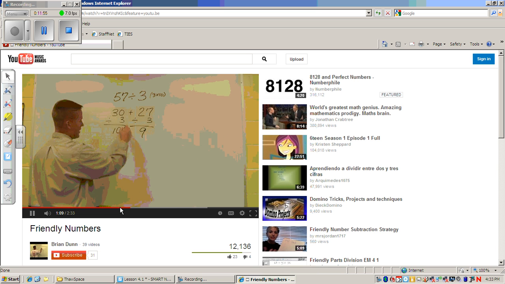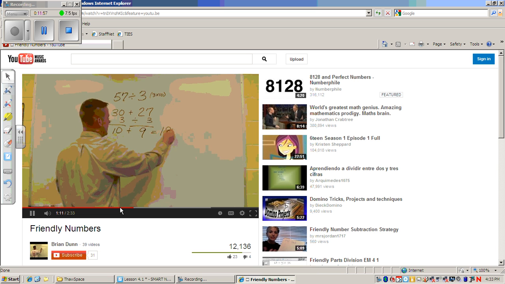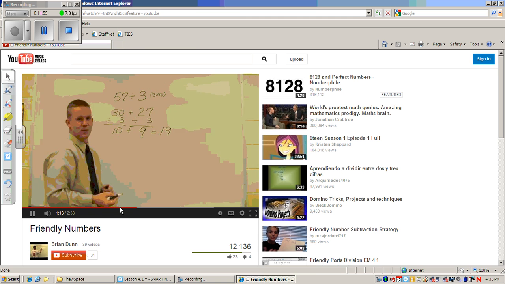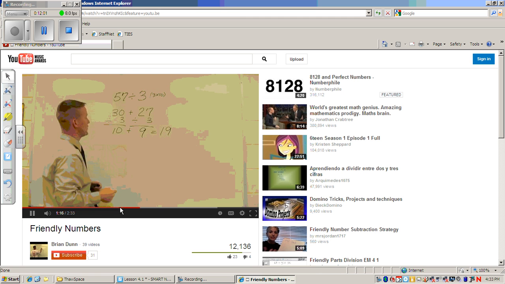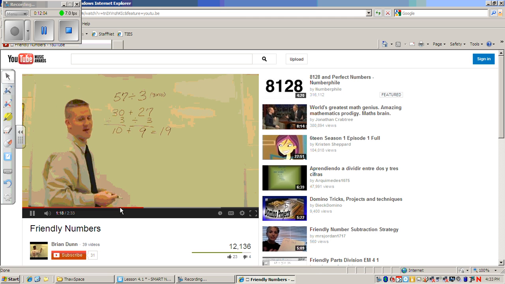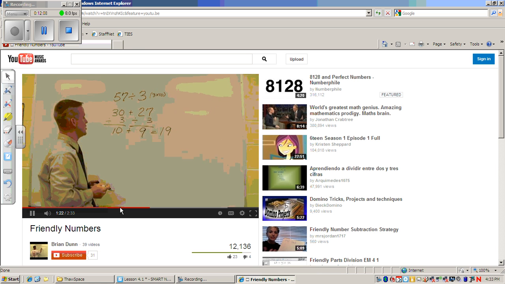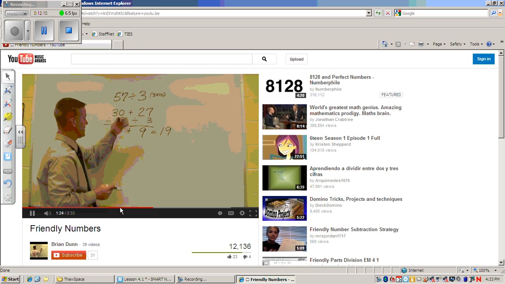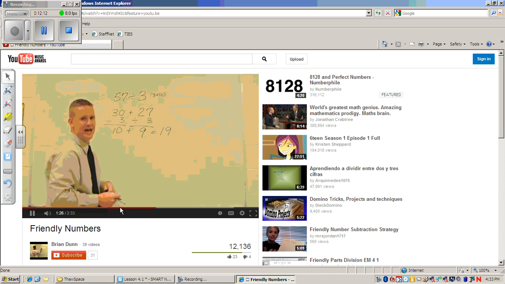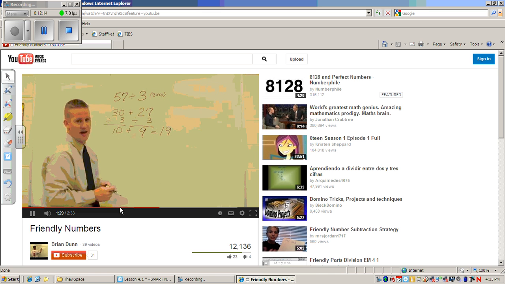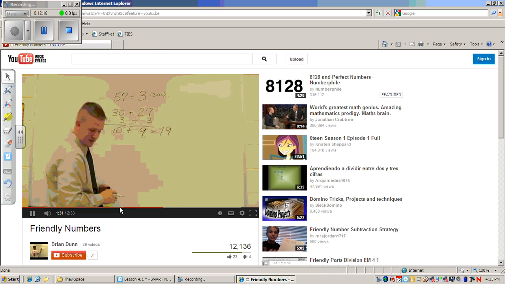Here I get 9. I take my 10 plus 9, add it back together, 19. It's a quick and easy way to get an answer for a division problem that's usually 2 digits divided by 1 digit. We can even do it for 3 digits divided by 1 digit as well. But the idea here is to be able to do this work in our heads eventually. Right now we're just putting it down so that we can get used to the process.